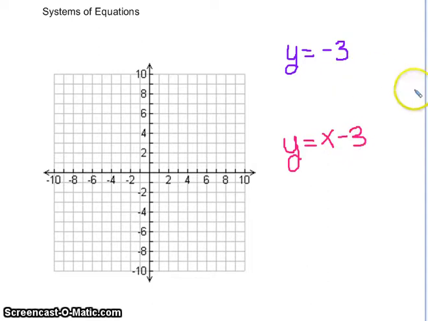If we want to graph our first line, y equals -3, we know that since it's y equals a number, it is horizontal. And I'm going to draw you a pretty line. A horizontal line at -3 is going to be down here.